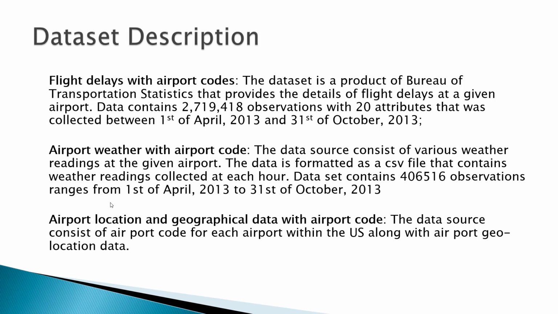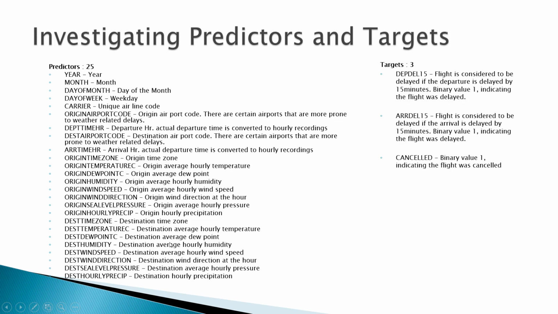The second one is weather readings at airport locations, and the third one is the geographical data around the airport codes. That data table will serve as a lookup table for the fact tables.